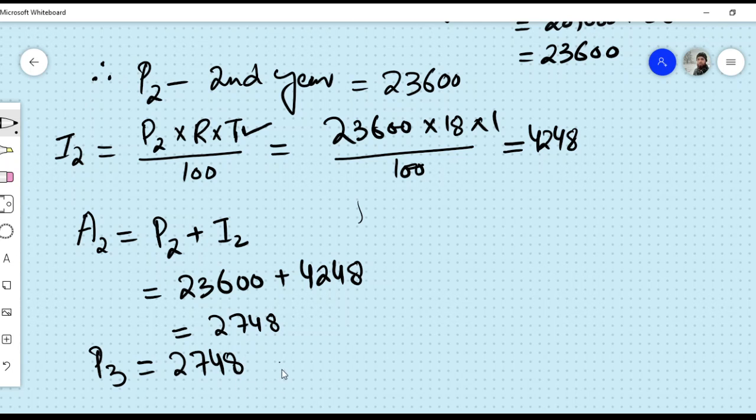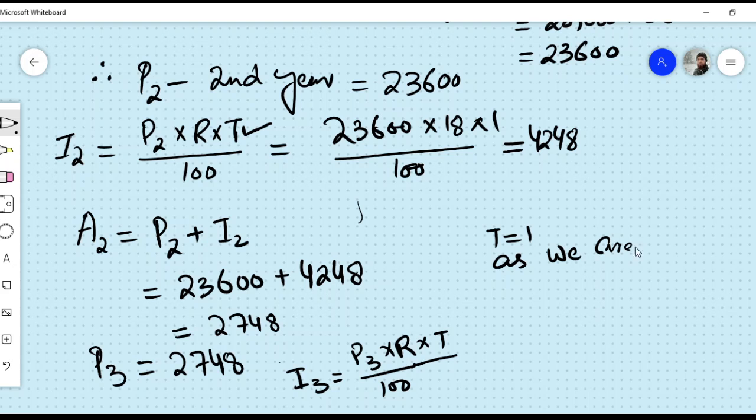Now when we try to find the interest for the third year, it will be simply P3 into R divided by 100, taking T as 1 as we are calculating interest year after year.